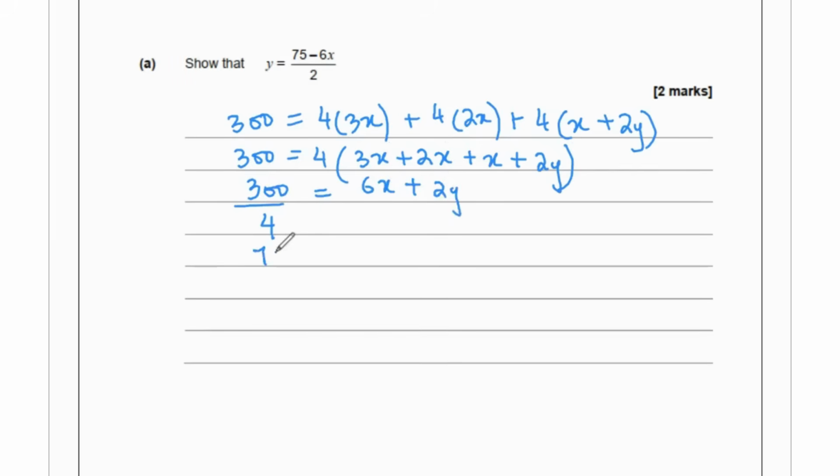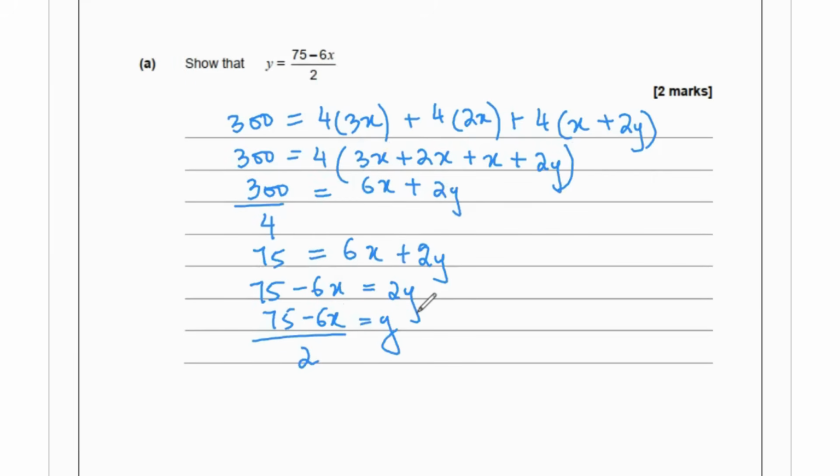That is 75. Then we subtract 6x from 75. So 75 minus 6x equals 2y. And (75 minus 6x) over 2 is the value of y. So that is exactly the same as what is given in the question.